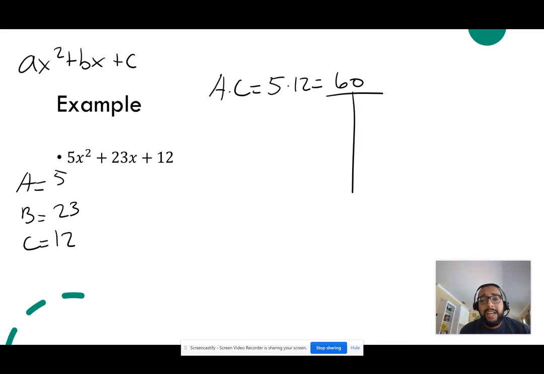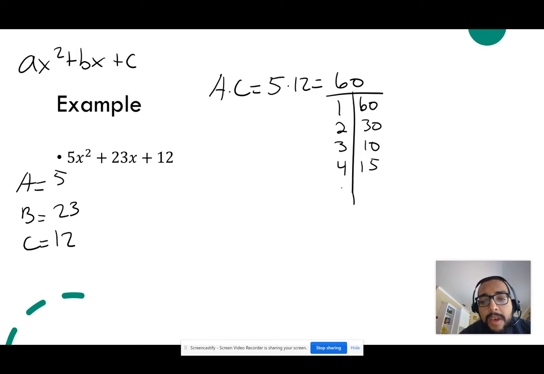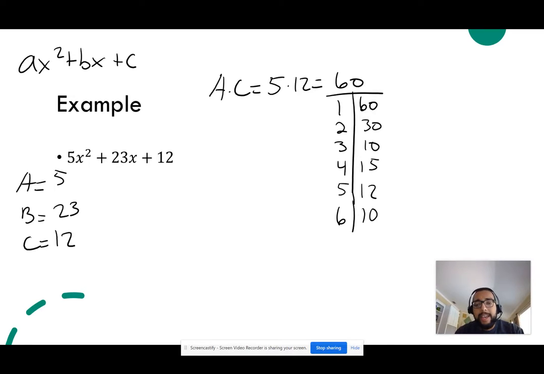Now, we should have 6 pairs for 60 here. So we'll have 1 and 60, 2 and 30, 3 and 10, 4 and 15, 5 and 12, and 6 and 10. Oh, that's nice. 1, 2, 3, 4, 5, 6.